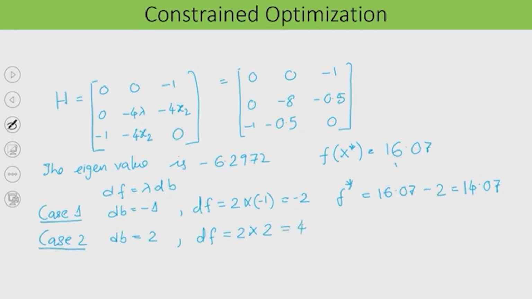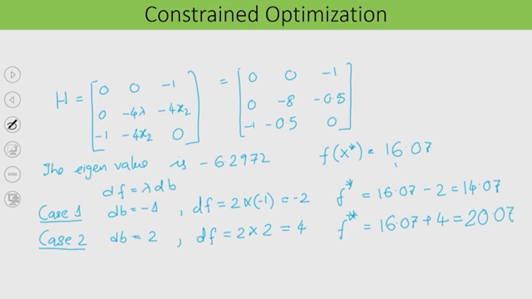So, the new f star will be 16.07 plus 4, that is 20.07.